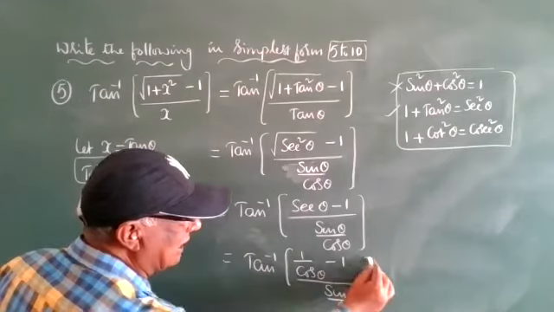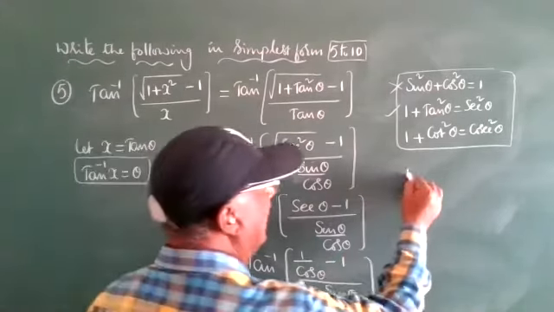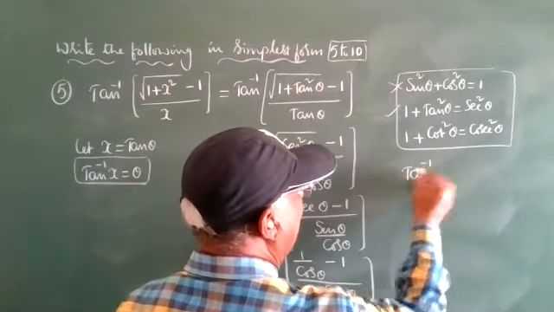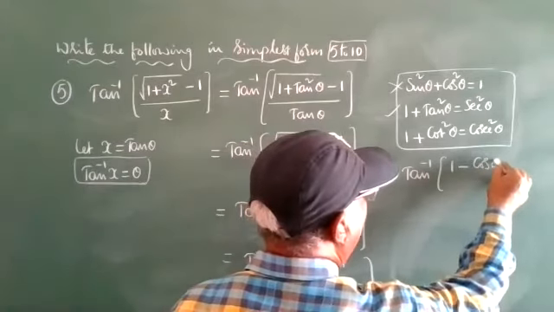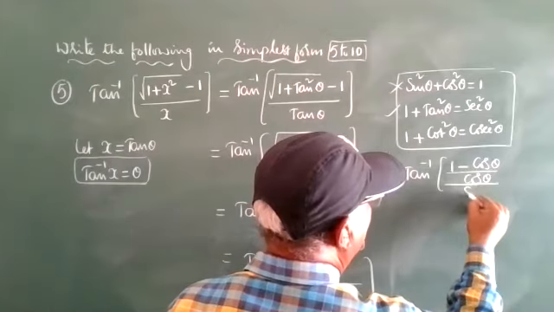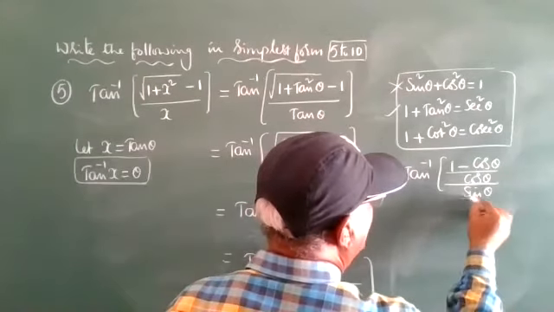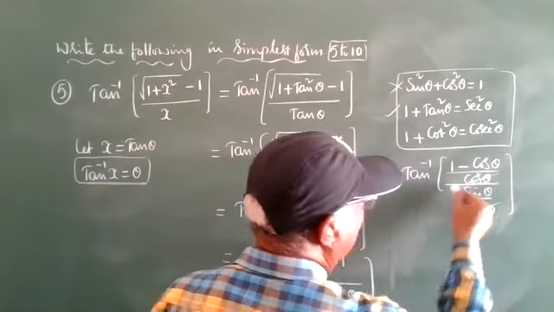Now take the LCM: tan inverse of 1 minus cos theta by cos theta, over sin theta by cos theta. The cos theta should cancel.